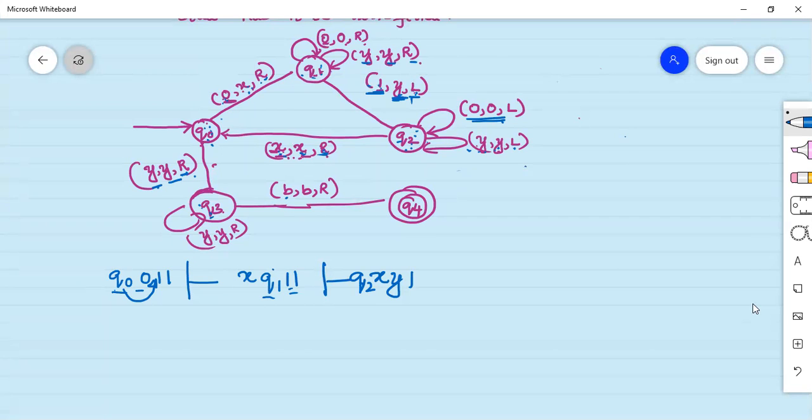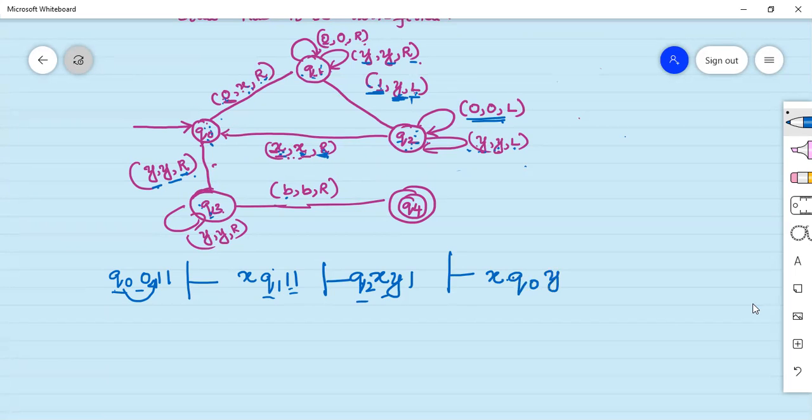Okay. Q2 on X, you can see X will remain as it is, but you move towards right and change state to Q naught, right? I move to right, change the state to Q naught.